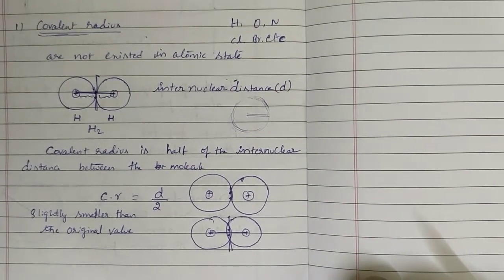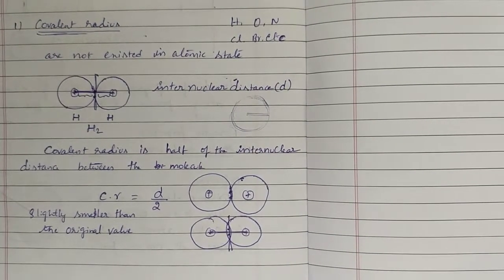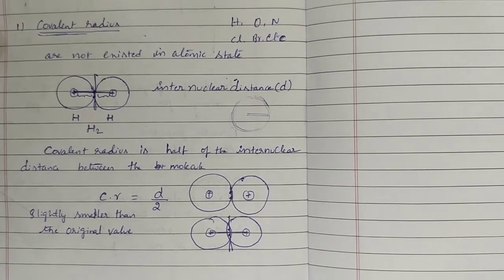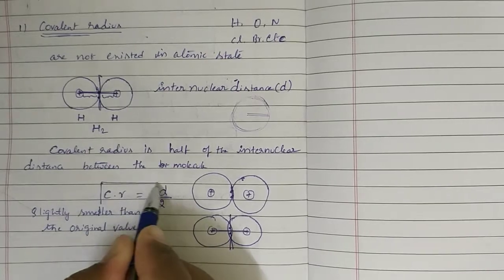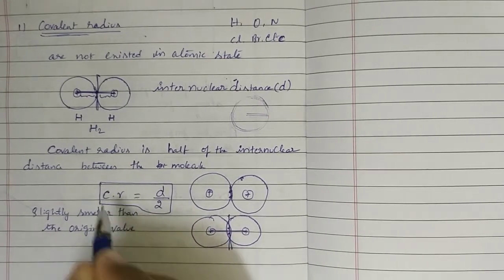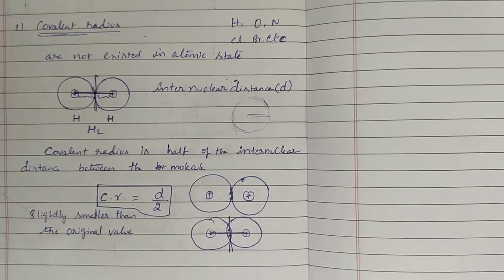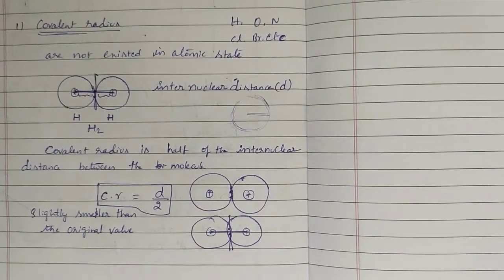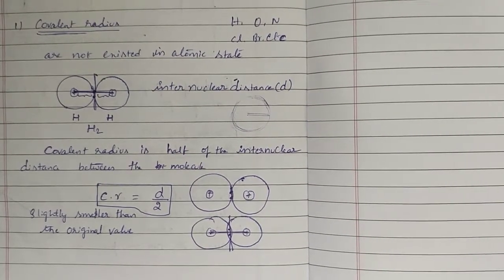If you get a hydrogen atom out, immediately it will react with another to form a compound, because atoms are not at all stable in the atomic state. That's why whatever value we get from d/2 is considered as our exact value, because no scientist is there to get the exact value of covalent radius.